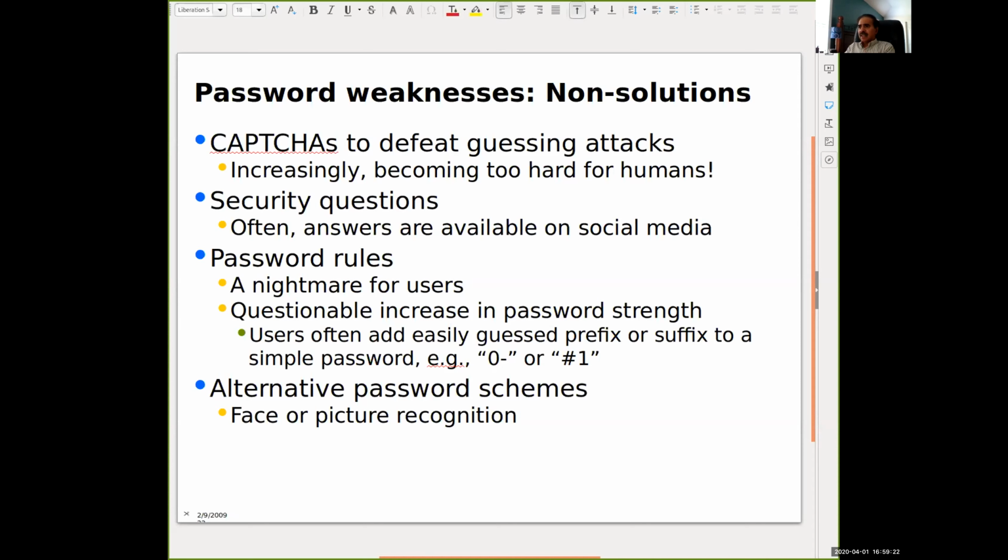Unfortunately, these techniques can be abused, as we talked about before, or the techniques themselves are weak. For instance, for many websites you're asked to choose a security question, but many of these security questions have fairly easy-to-guess answers.